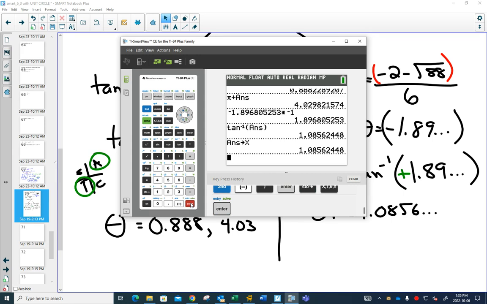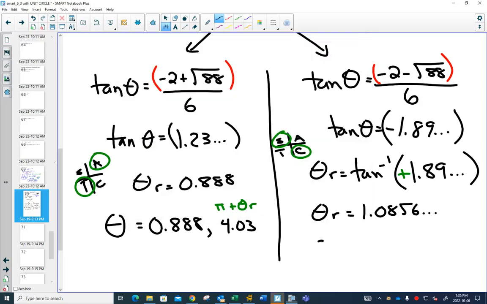What that allows me to do is, when I want to find my actual angle, one of them is in quadrant 2. In quadrant 2, it would be pi minus my reference angle. And the other one is in quadrant 4. In quadrant 4, it would be all the way around, which is 2 pi minus my reference angle.